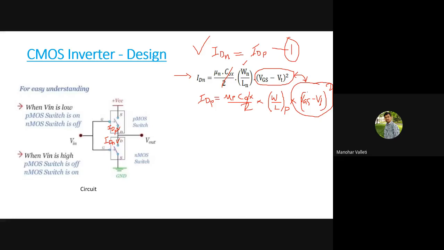This is generally not equal, but I am just assuming these two quantities are equal and cancelling them. So what is remaining from this equation? mu n W by L of n equal to mu p W by L of p.